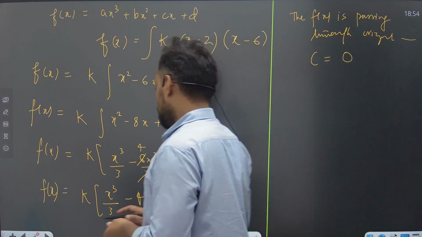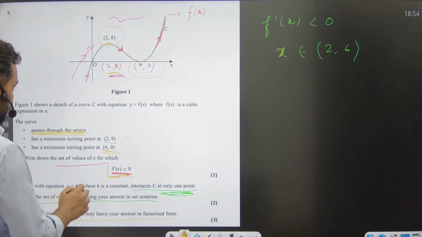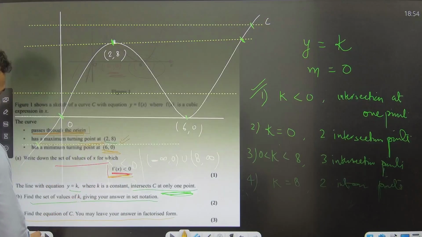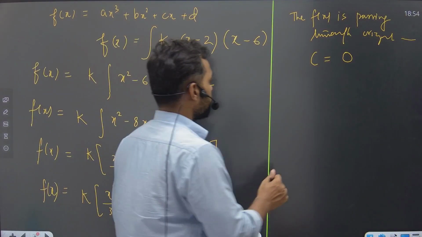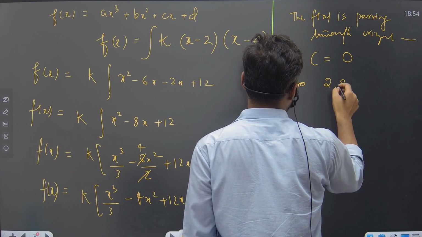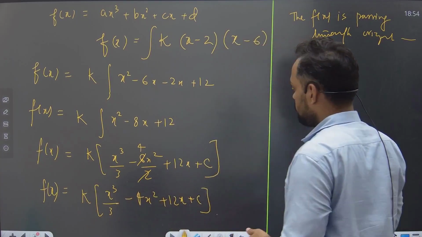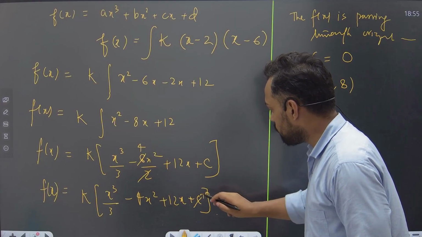Now in the next part, student, you can see that it has a maximum turning point at 2 comma 8. So this particular equation will satisfy 2 comma 8. Now c will be 0 here, so we will keep this as 0.